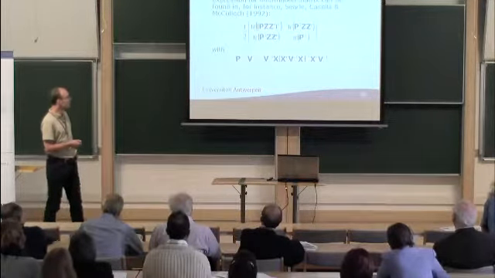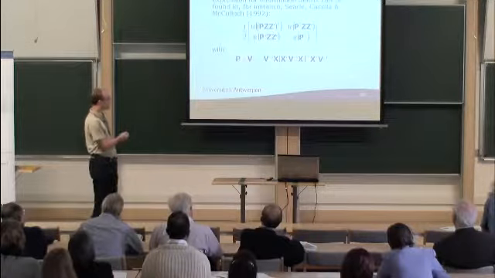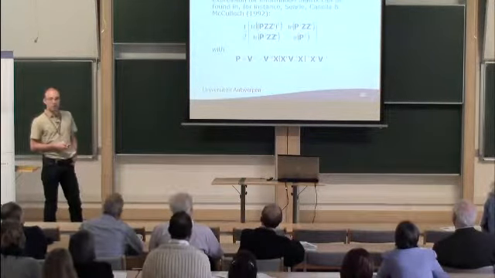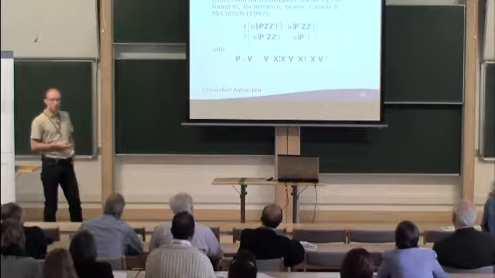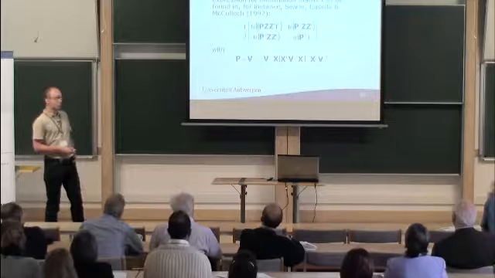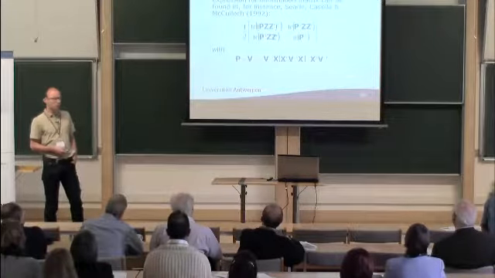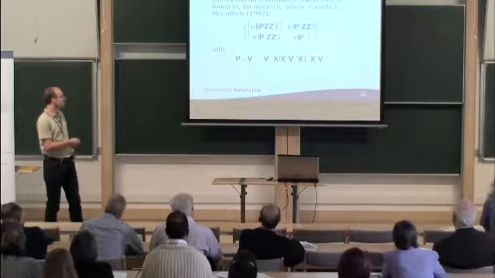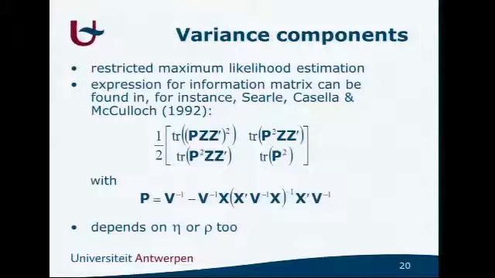And the p in this expression has this form. So the p does depend on the variance covariance matrix V, which depends on the variance components. So which depends on eta or on the intra-class correlation coefficient, rho. So also this information matrix depends on the relative magnitude of the variance components.